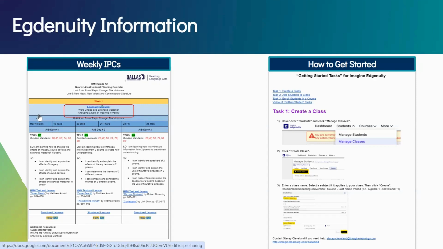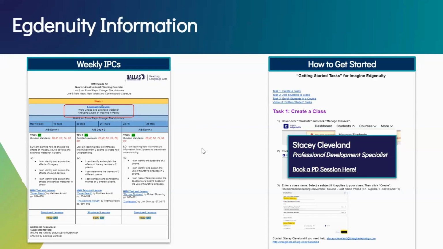Also, if you need assistance getting started in Edgenuity, setting up your classes, and then adding the coursework of the Q4 modules to your classes, this document that is also linked on the slide can help you do that as well.